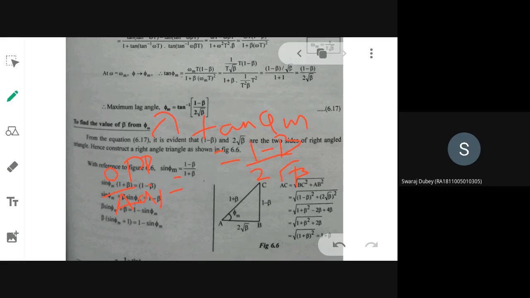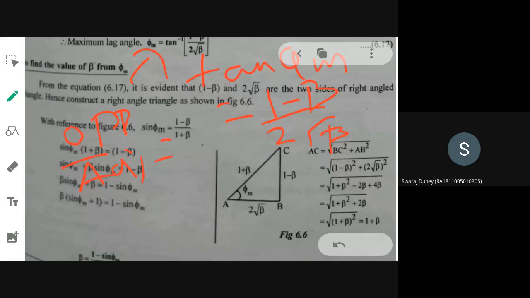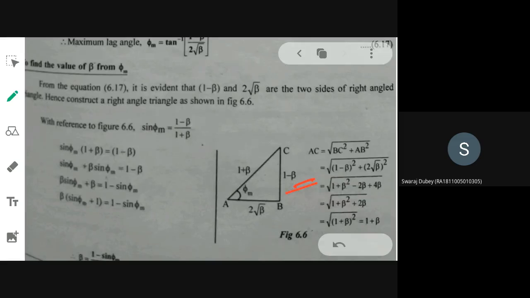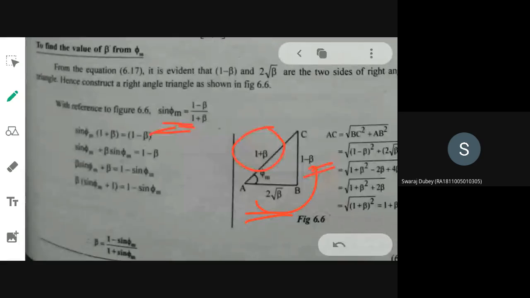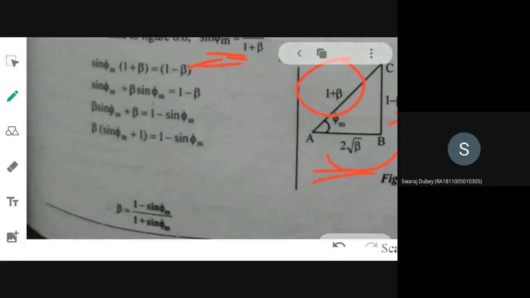So if you use that to frame a right angle triangle, this is your opposite side, this is your adjacent side, and if you take the sum of squares, you will get the hypotenuse. From this you derive the formula for sine phi m, and from that you will derive beta, and the beta formula sometimes is important.